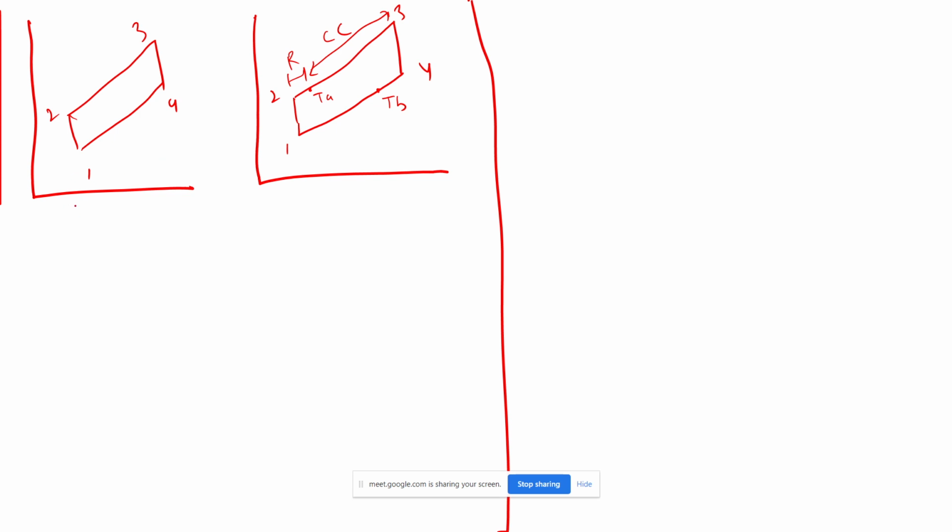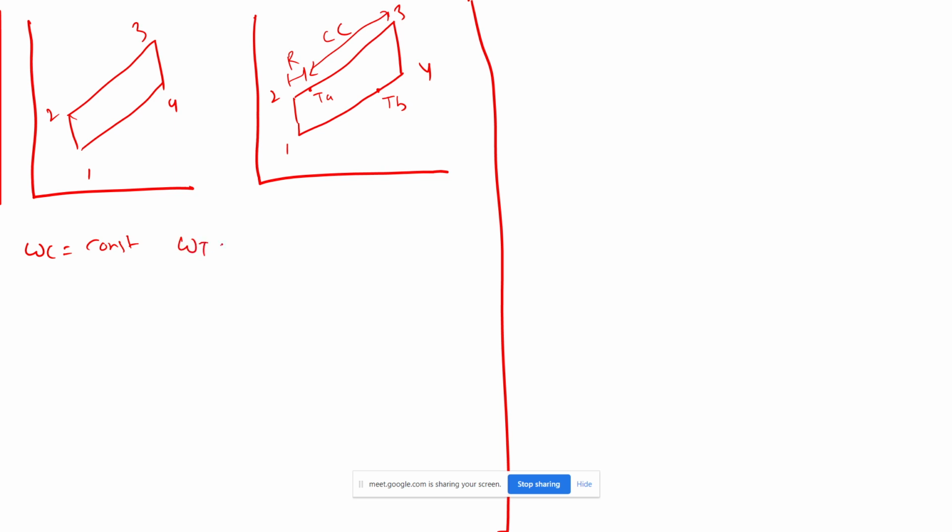Suppose this is an ideal Brayton cycle 1 2 3 4, and this is a regenerative heating cycle. So what will be the effect on the compressor work? Will it increase, decrease, or remain constant? Remain constant, yes, right. Second, turbine work.